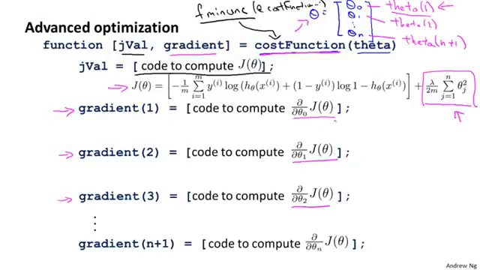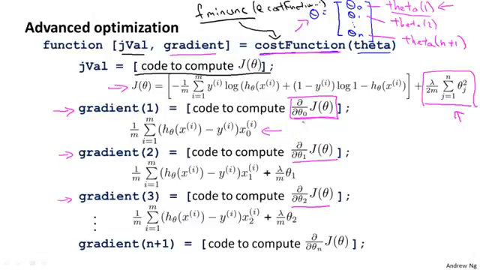Looking at these terms, this term over here, we actually worked this out on the previous slide. It's actually equal to this. It doesn't change, because the derivative for theta 0 doesn't change compared to the version without regularization. The other terms do change.